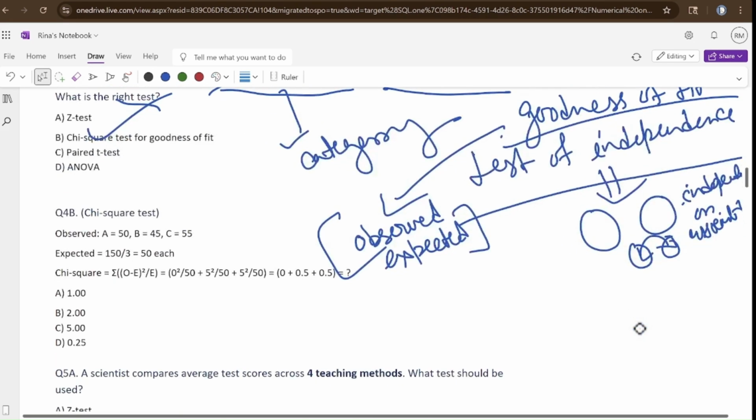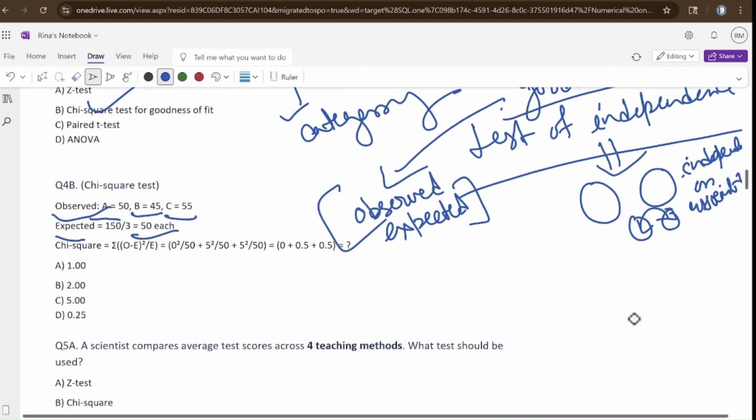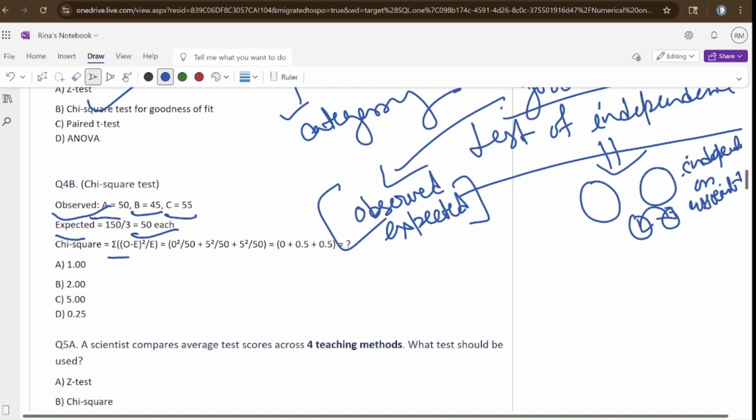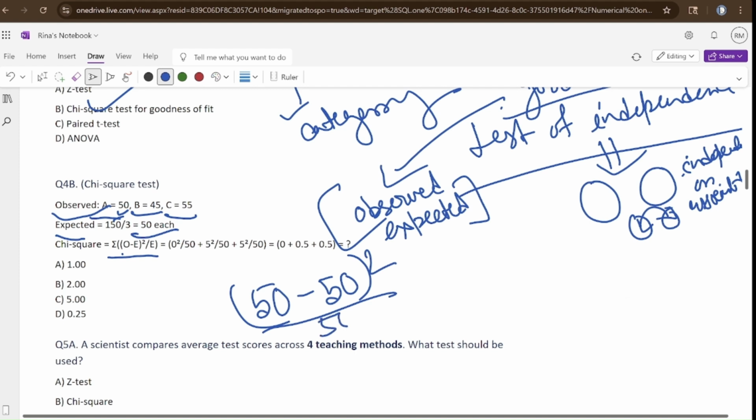Fine. Now let's do the numerical. For group A 50, for group B 45, for group C 55. These are observed. What is expected? For everyone it is 150 divided by 3, which is 50. Now you have to calculate chi-square. This is the formula: observed minus expected whole square divided by expected. For the first group, observed is 50, expected is also 50, square divided by expected.